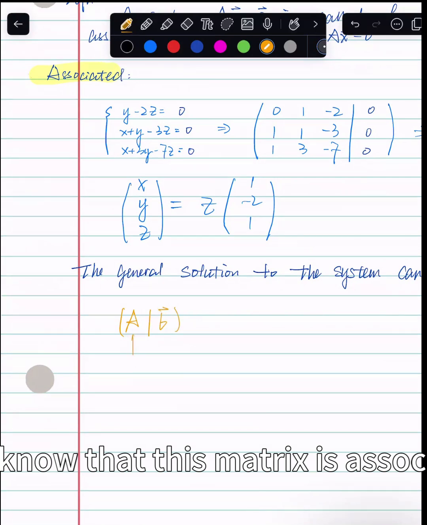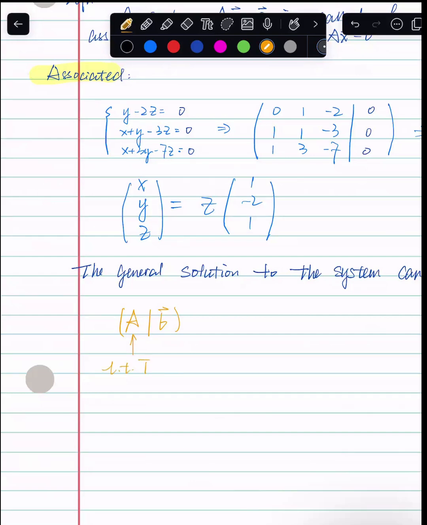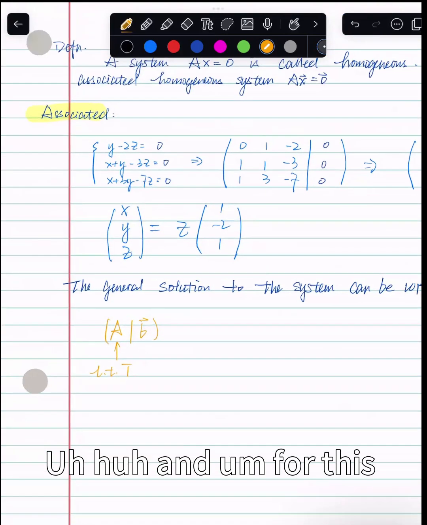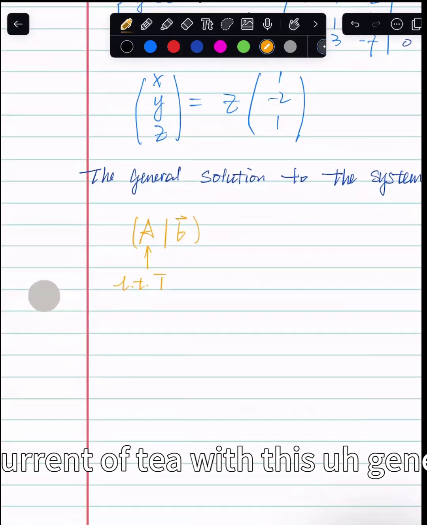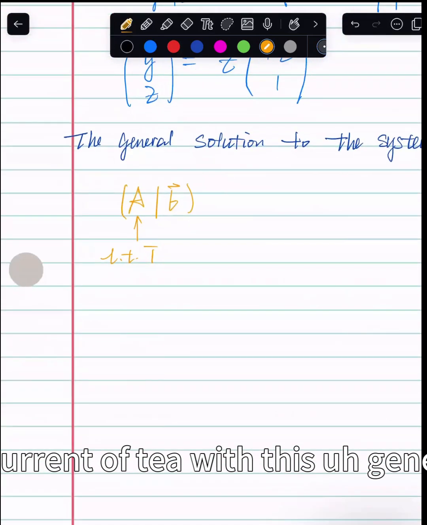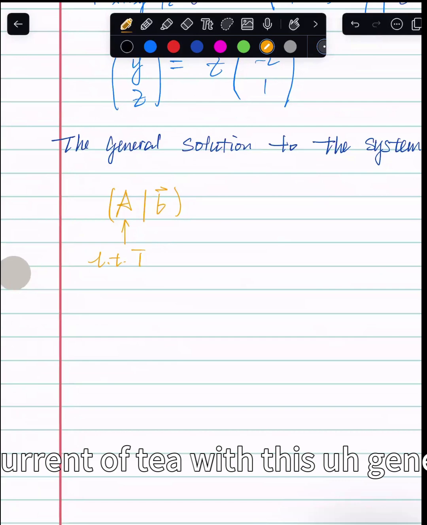So this matrix is associated with a linear transformation T, and for this T, we can actually find the kernel of T with this general solution.